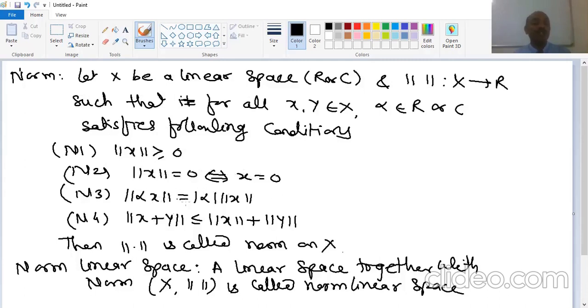And fourth, norm of x plus y is less than or equal to norm x plus norm y. Then this function is called norm on X. And a norm linear space is a linear space together with the norm. Then the ordered pair X, norm is called a norm linear space.